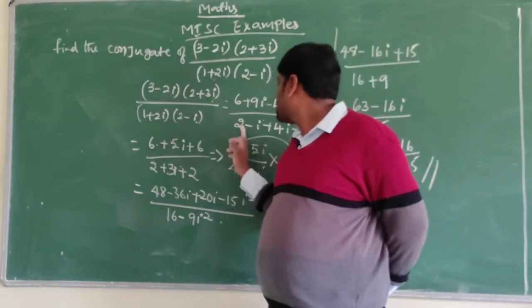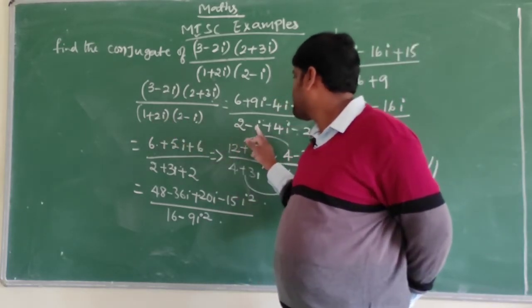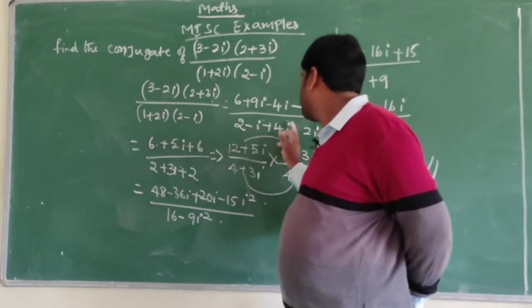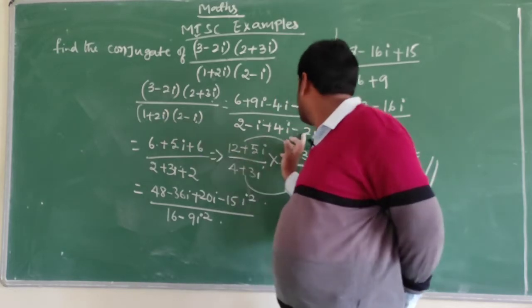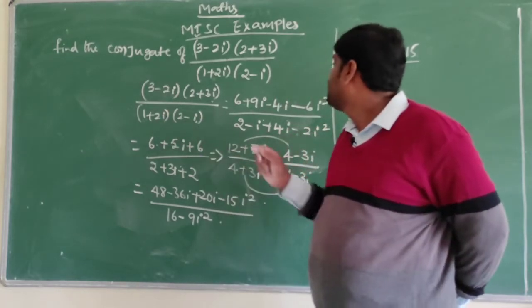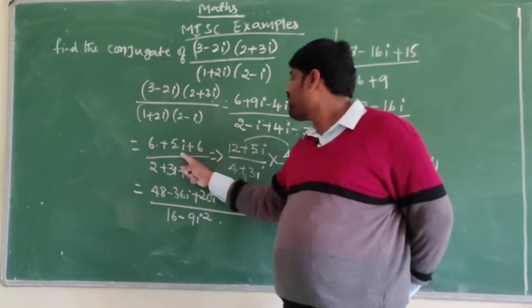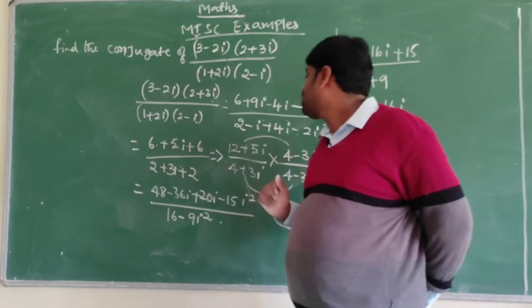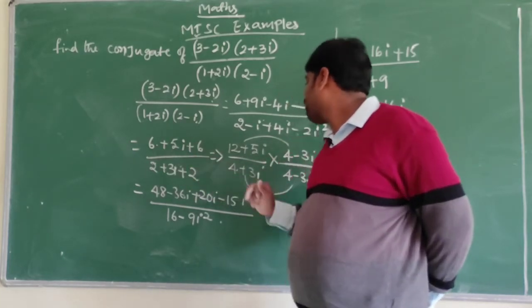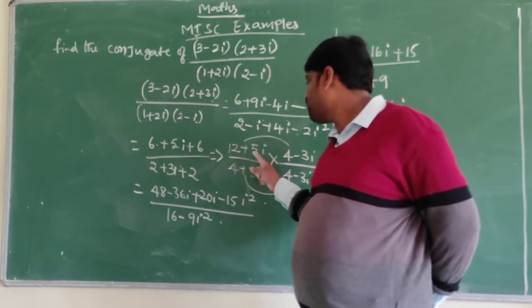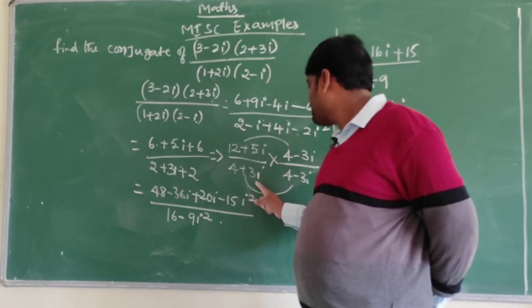So 1 2s are 2, 1 into i is i, 2 2s are 4i, that is 2 1s are 2 minus 2i squared. 9i minus 4i is 5i, 6 plus 6 is 12, 2 plus 2 is 4, that is 12 plus 5i divided by 4 plus 3i.